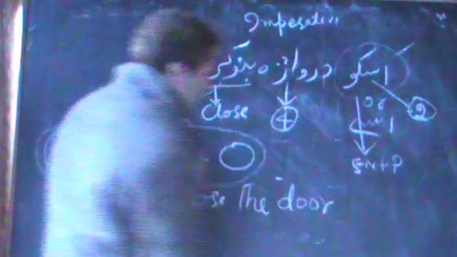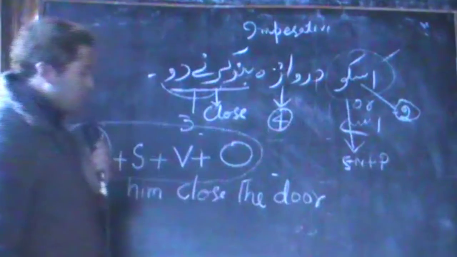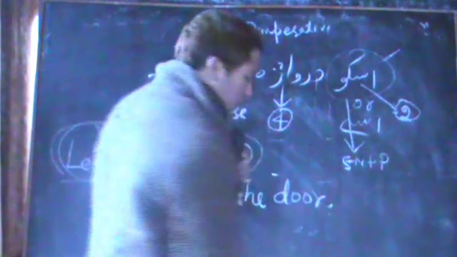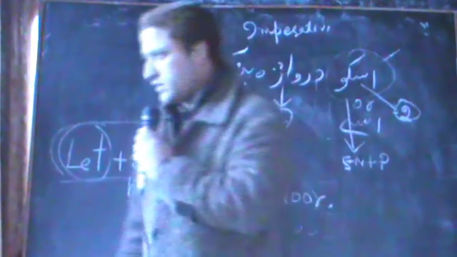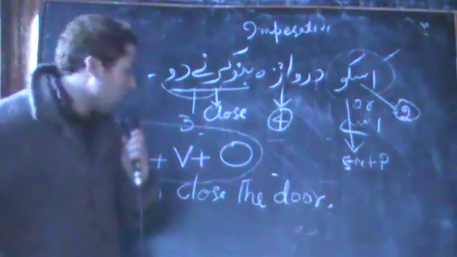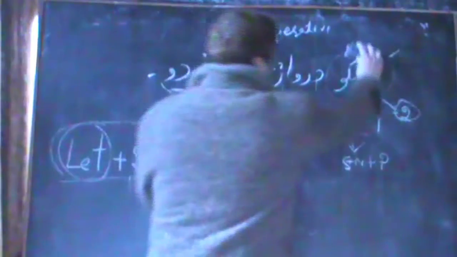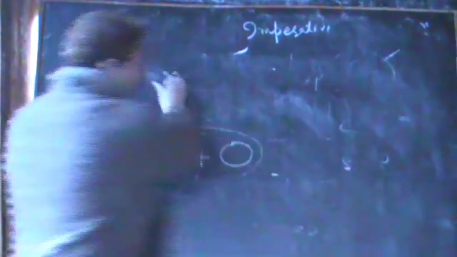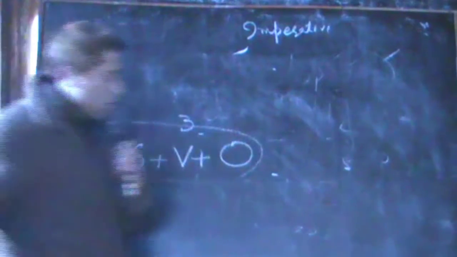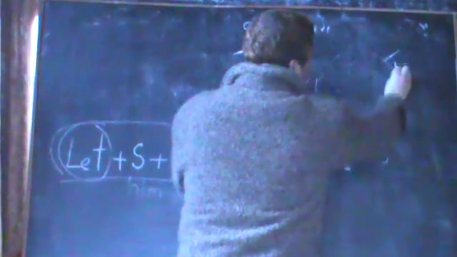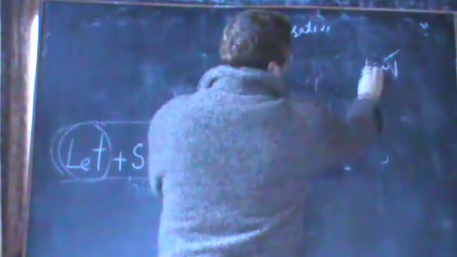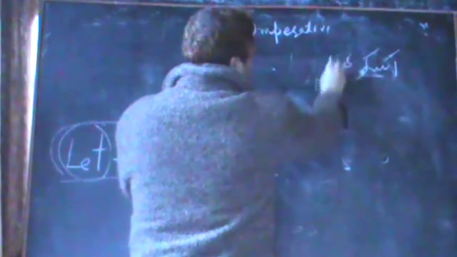Let's see some more examples. If you have more sentences, a similar case will be followed. Let me rub the board first and we'll see some more sentences for exercise, and then we'll give the homework as well. Let's write here, usko or usse khelne do.